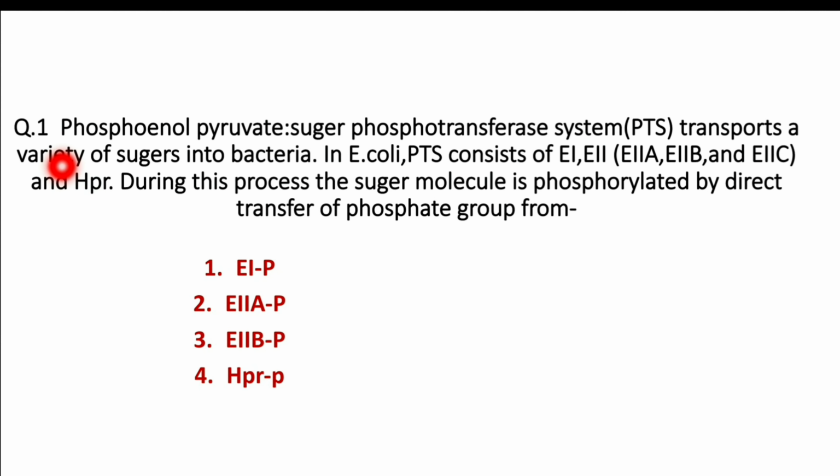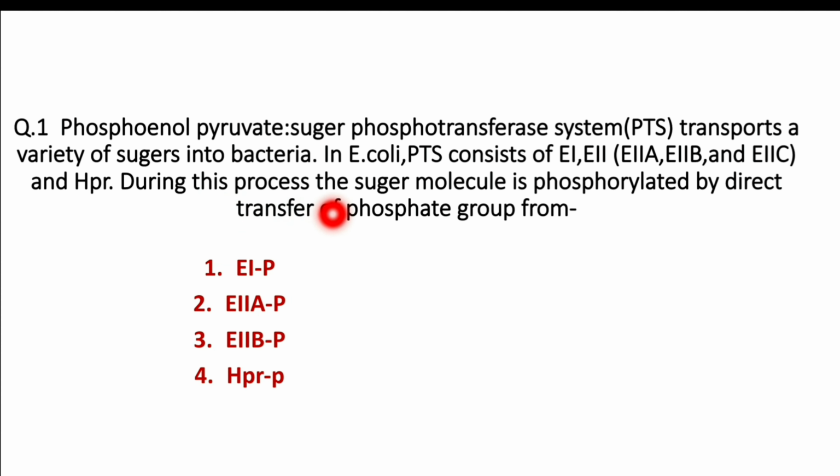Question number 1. Phosphoenolpyruvate sugar phosphotransferase system, or PTS, transports a variety of sugars into bacteria. In E. coli, PTS consists of E1, E2, E2A, E2B, E2C and HPr.